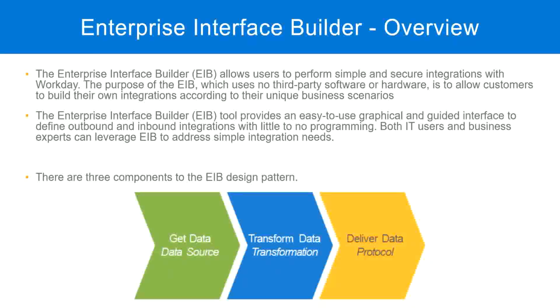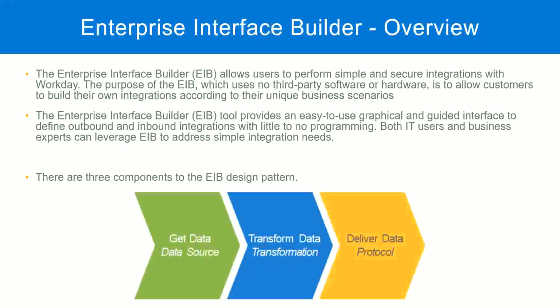Okay. These are the 3 components in an EIB design pattern. So what we are going to do is configure these 3 steps. Get data: where are we going to get the data from? That is something we have to configure. Do we need transformation?